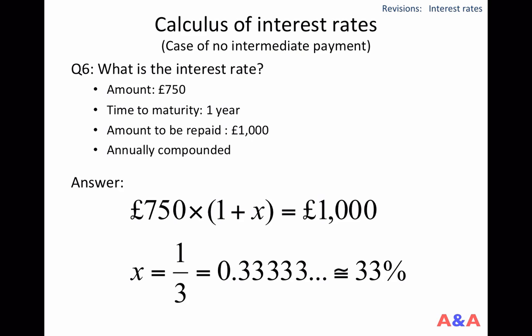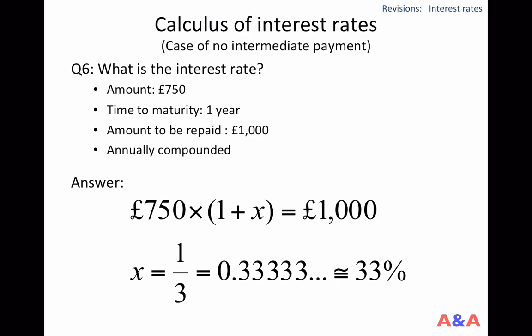So the equation is almost the same. 750 times 1 plus the unknown interest rate x equals £1,000, the amount to be repaid. If you solve it, x is equal to 0.333, approximately 33%.